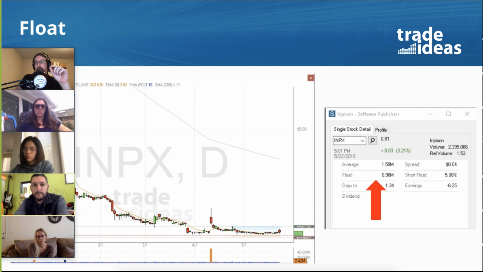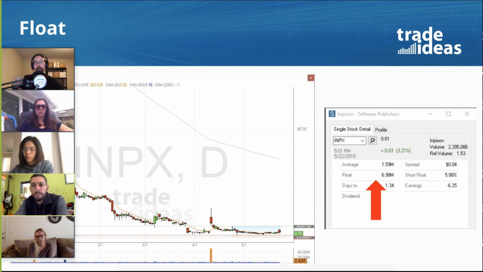And then we talked about the fact that the lower the float, the easier it is to buy more of the company. So I found this penny stock, and I certainly won't encourage you to trade penny stocks, but the float of this stock that's trading at 75 cents, let's just call it $1 for my easy math, is about 7 million.